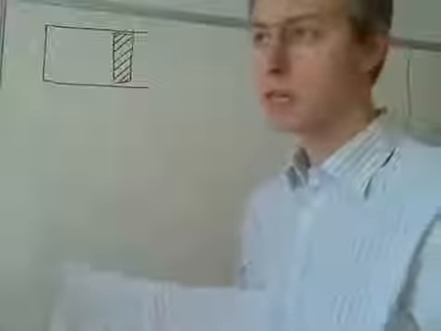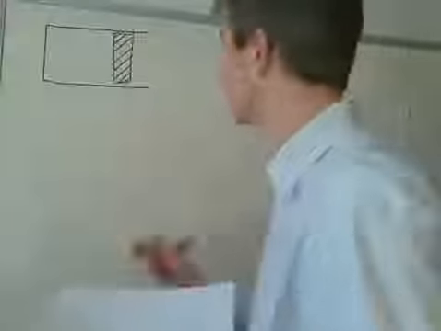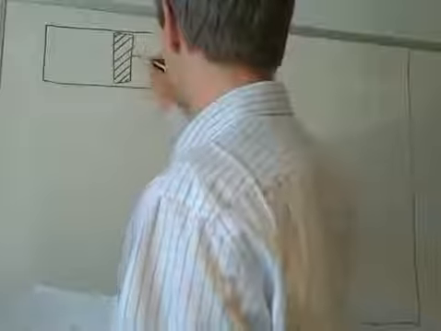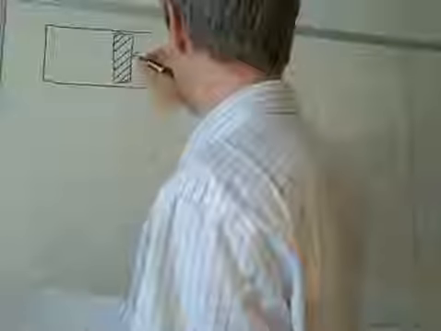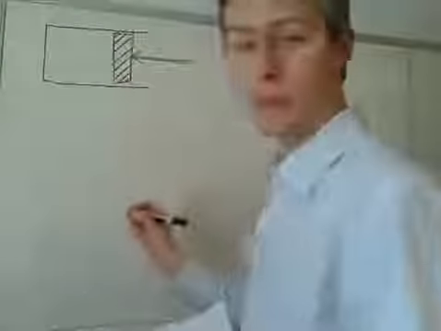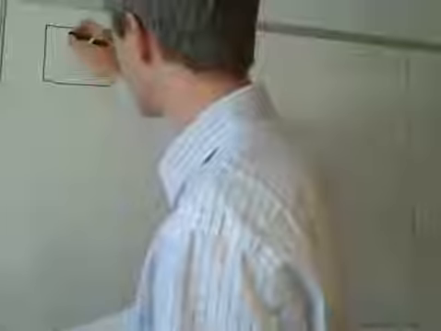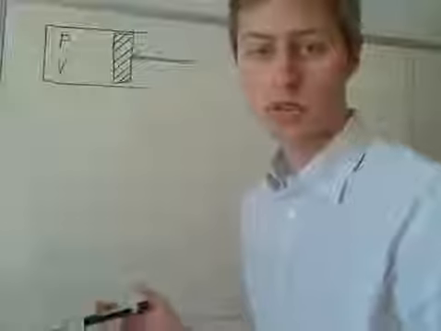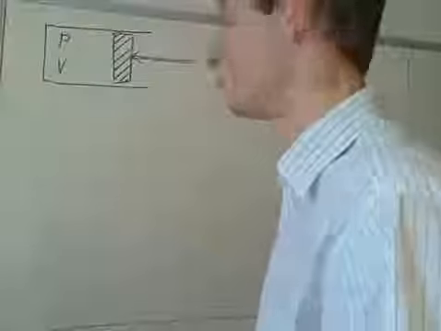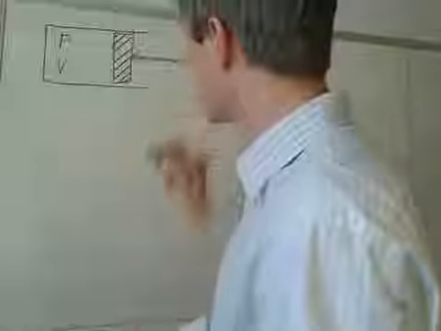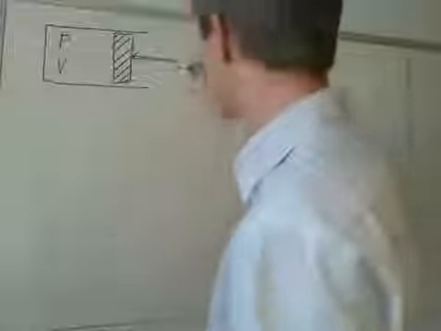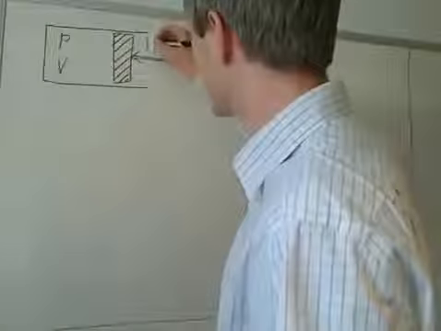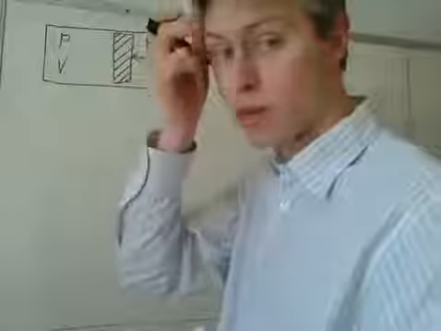So we can apply the principle of static equilibrium. We have a force on the left-hand side applied by a spring, and we have a pressure inside the piston. We just call it P and volume V. Initially we have P1 of 1 bar and volume of 1 meter cubed. On the other side of the piston we have atmospheric pressure acting, or 1 bar, so we just call that P1.